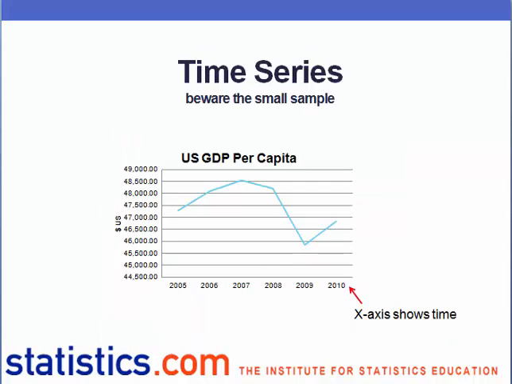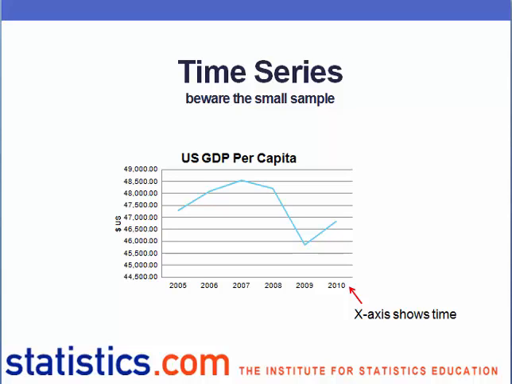Another type of graph you'll encounter frequently, particularly in the news media, is the time series graph, where quantity is indicated on the y-axis, and the x-axis indicates time. Be careful of small samples with time series.